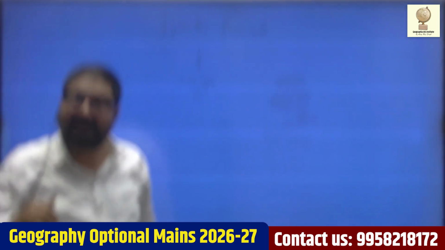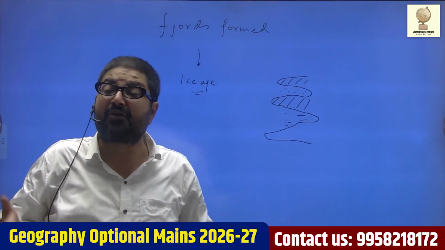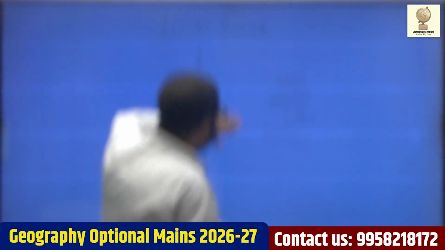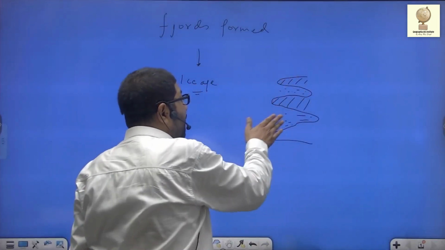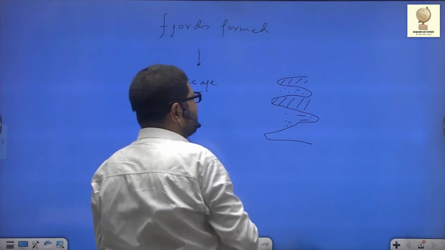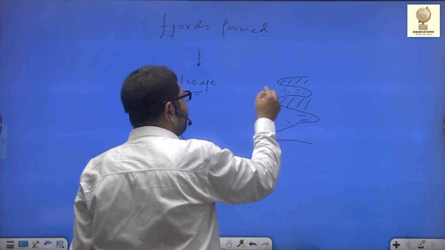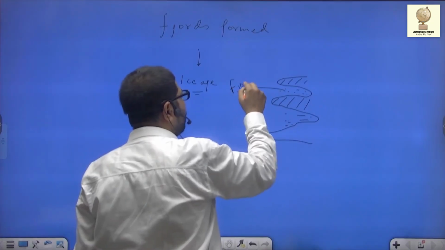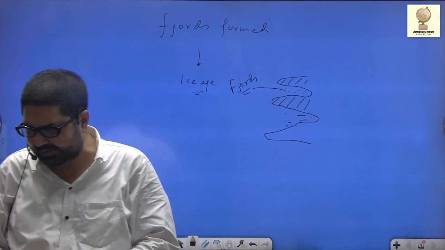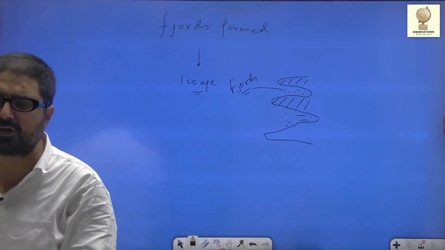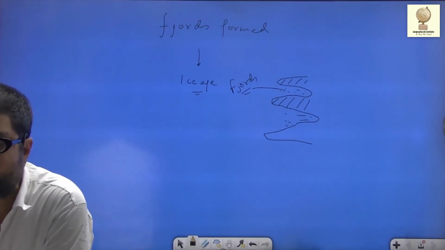When the ice age came to an end and sea level rose, the sea water occupied these deep glacial valleys and these narrow inlets of water bodies came into existence, which are known as fjords. So simply stated, fjords are formed during the ice age by glacial erosion.